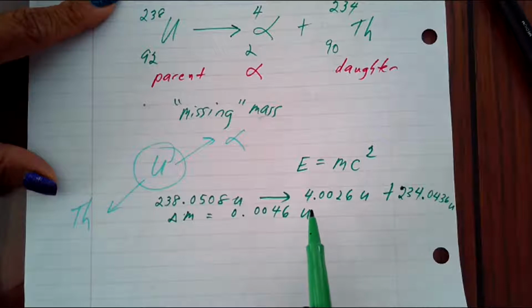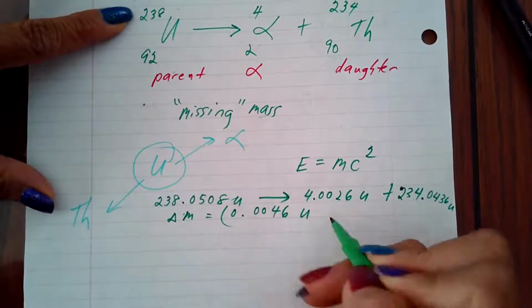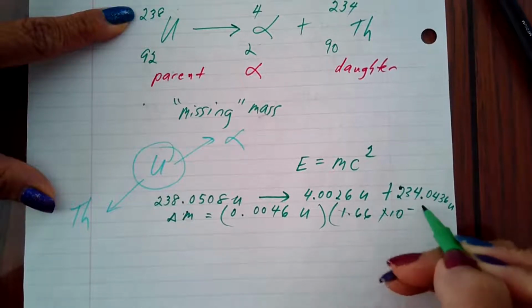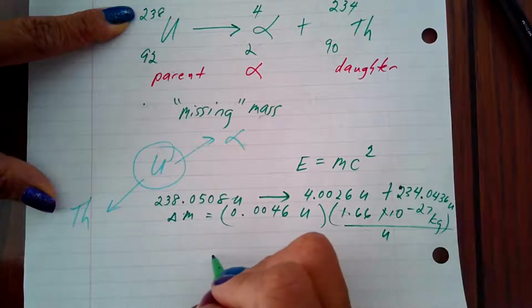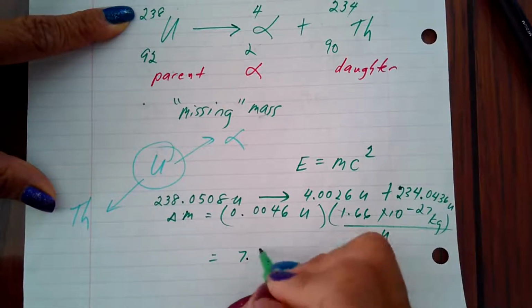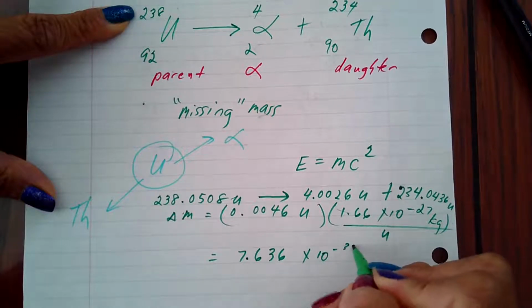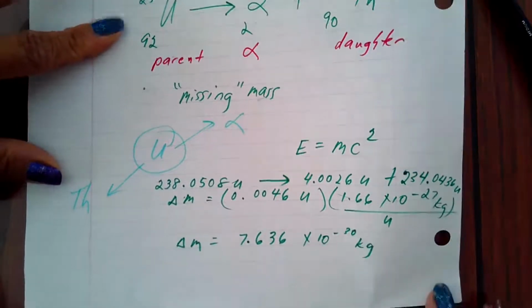Recall that the mass of a proton or neutron, they are roughly equal masses, is 1.66 times 10 to the negative 27 kilograms per atomic unit, and that gives you 7.636 times 10 to the negative 30 kilograms. So this is the missing mass.